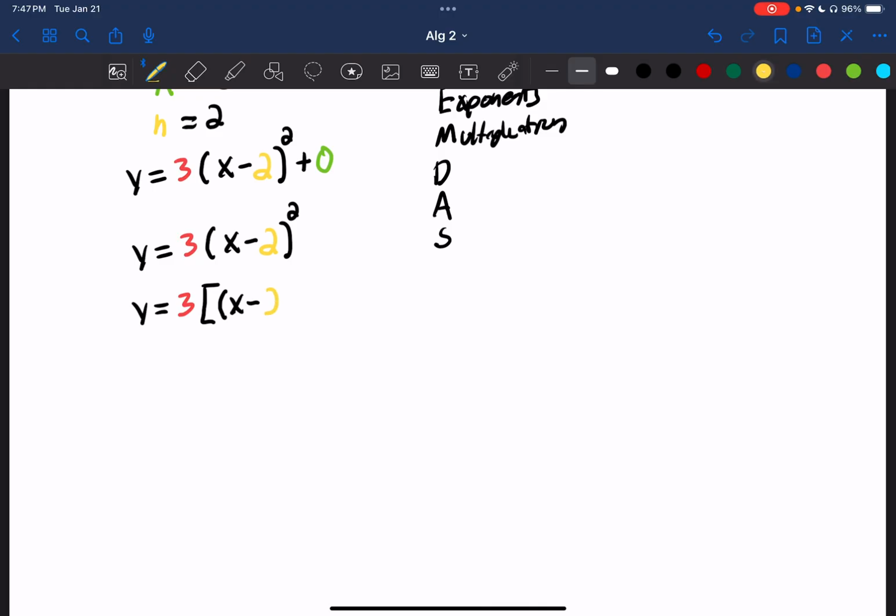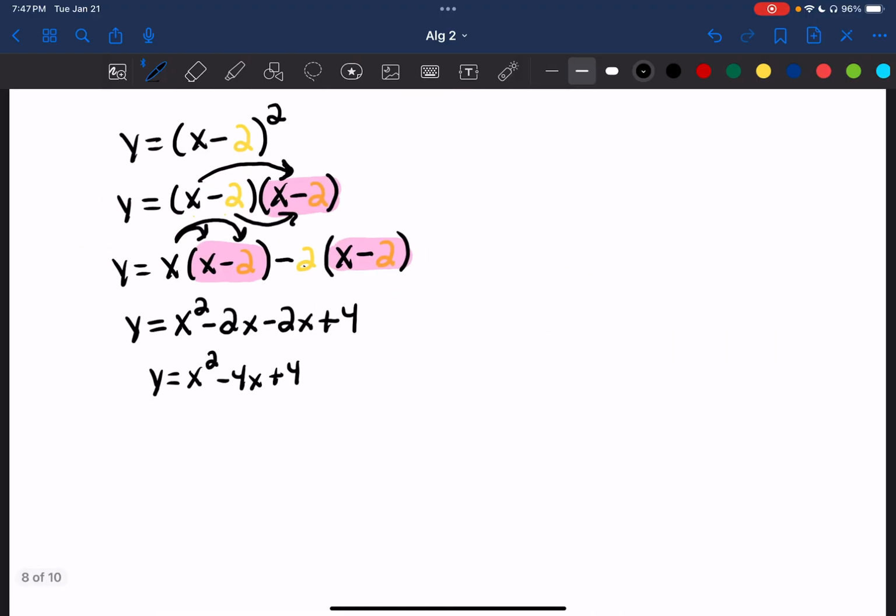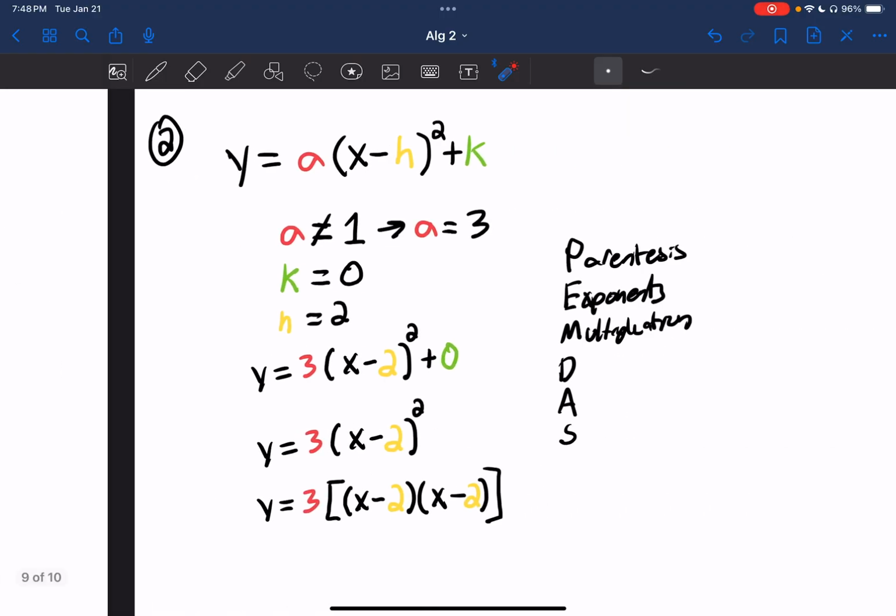So we know that x minus 2 squared can be rewritten as x minus 2 times x minus 2. Okay, same step we took over here. And now we're going to repeat this first step of taking the first term, multiplying it by the entire second expression, then taking the second term and multiplying it again by that entire second expression.